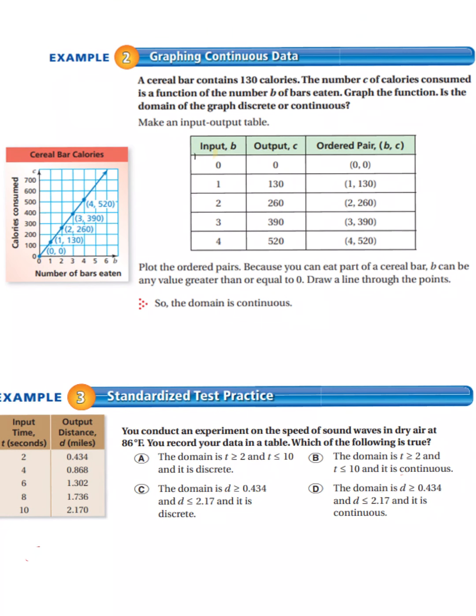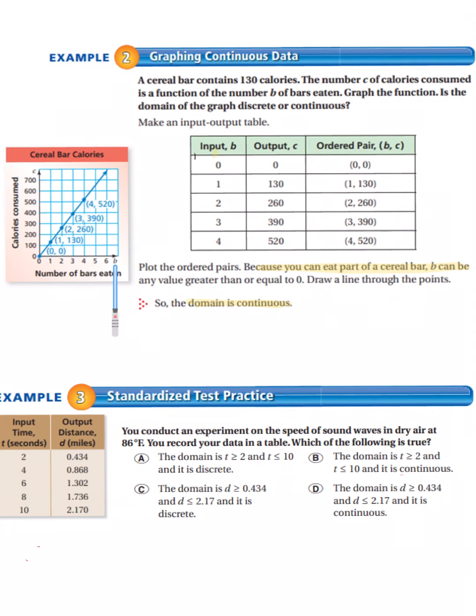In this function, you actually have a continuous domain because it does not tell me a specific whole number of bars. It just tells me a number of bars that can be eaten. We can think to ourselves, we can actually eat part of a bar and save the other part for later. Since we can do that, the domain is continuous.